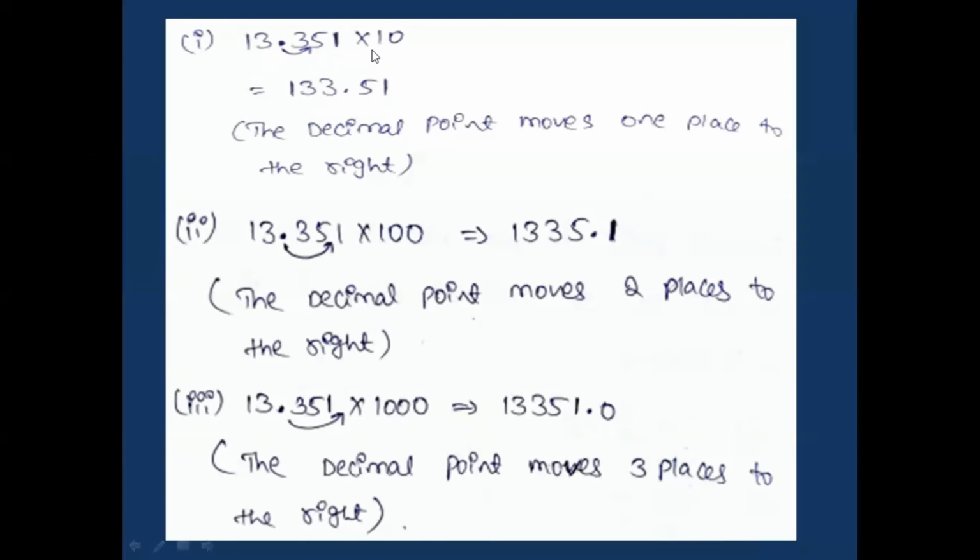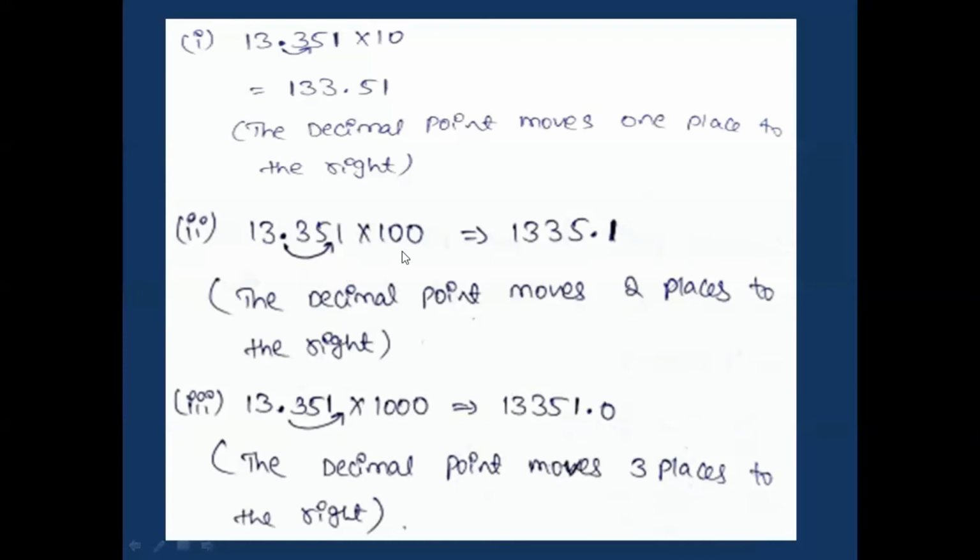13.351 into 10. When we multiply with 10, the decimal point moves 1 place to the right. See here, arrow mark, it changed 1 place to right side. Now 133.51 when we multiply with 10. Now next example. 13.351 into 100.